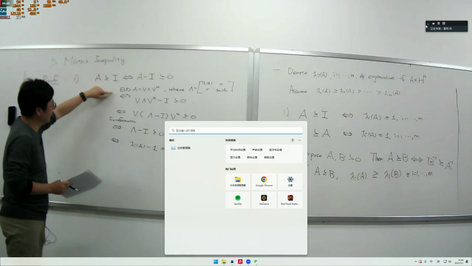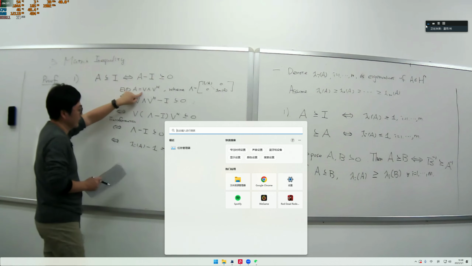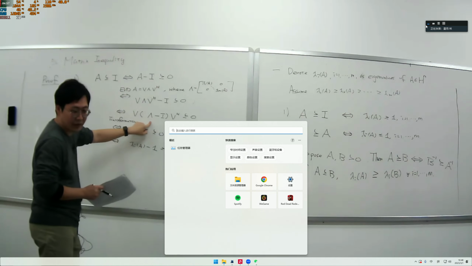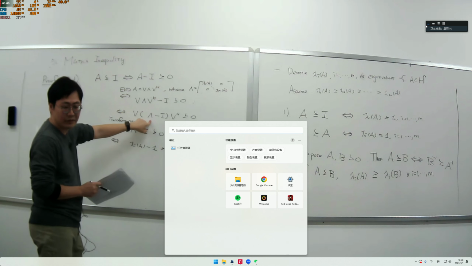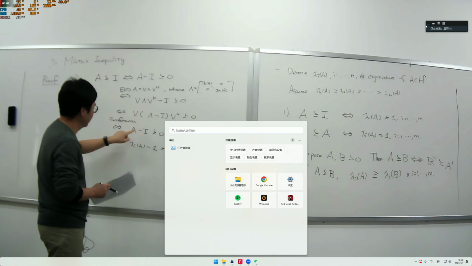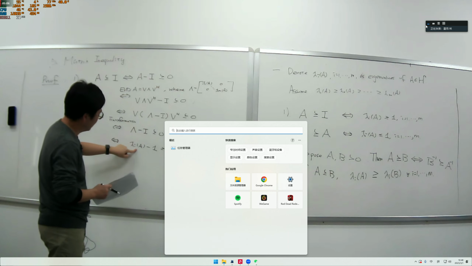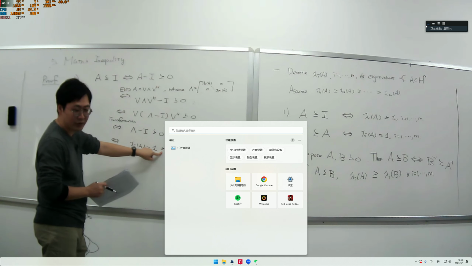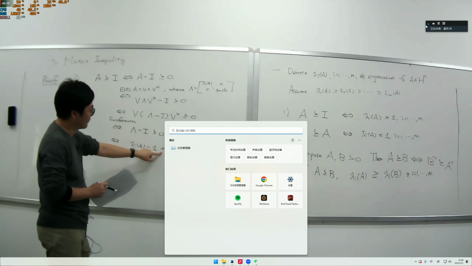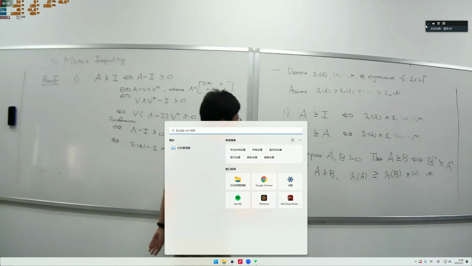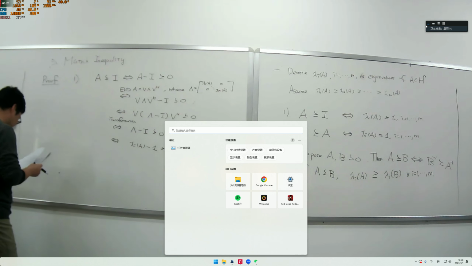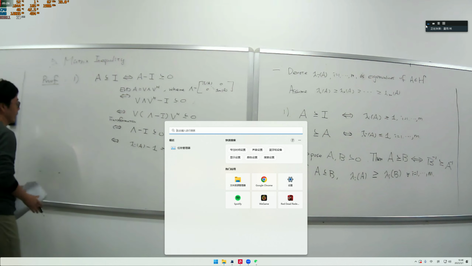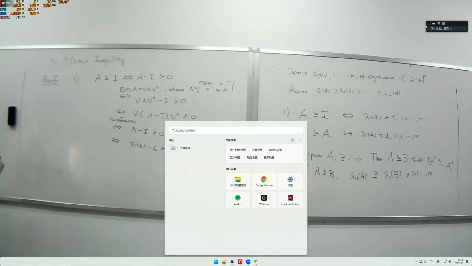Here we see the insight: you use SVD to transform this matrix into scalars in the eigenvalue domain. Once transformed into scalars in terms of eigenvalues, you can apply regular inequalities for numbers. Any questions for this proof?